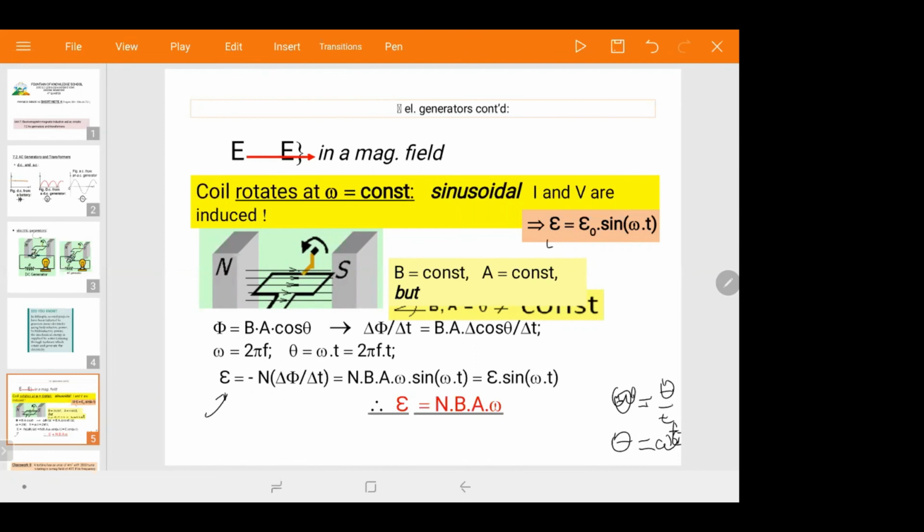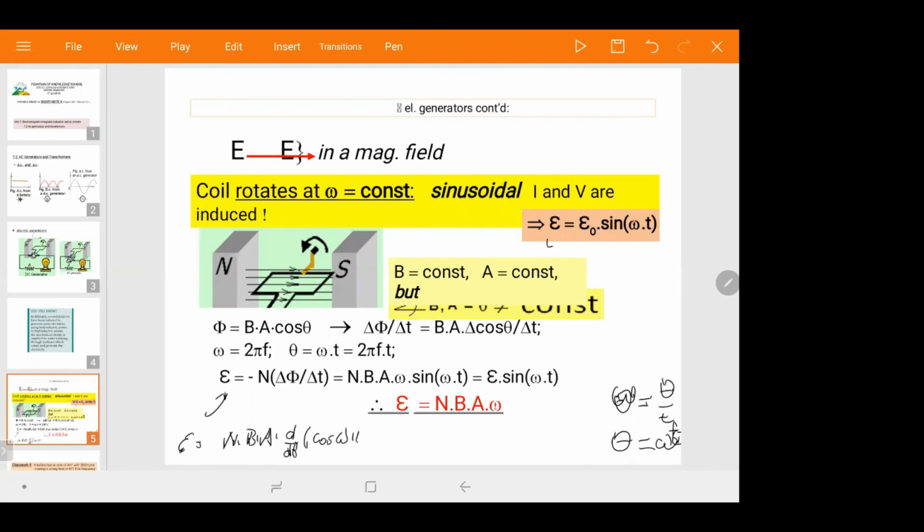What you find here, this delta over delta t, when it is differentiated, let me show it. Induced EMF is equal to N times change of flux over change of time. Let's say changing continuously. So you get B not changing, taken out of the bracket, A not changing, so you get d over dt of cos theta.